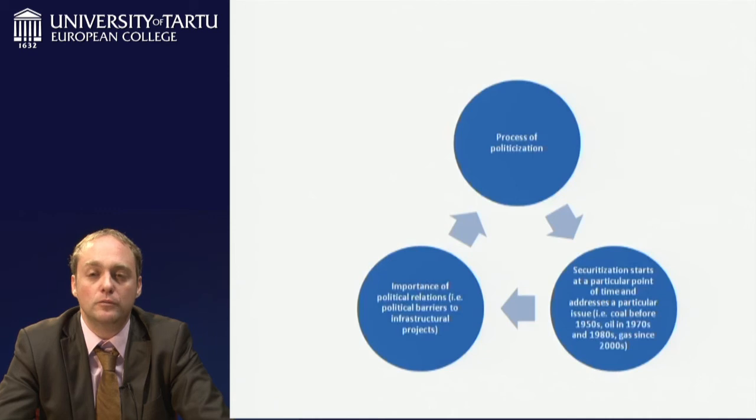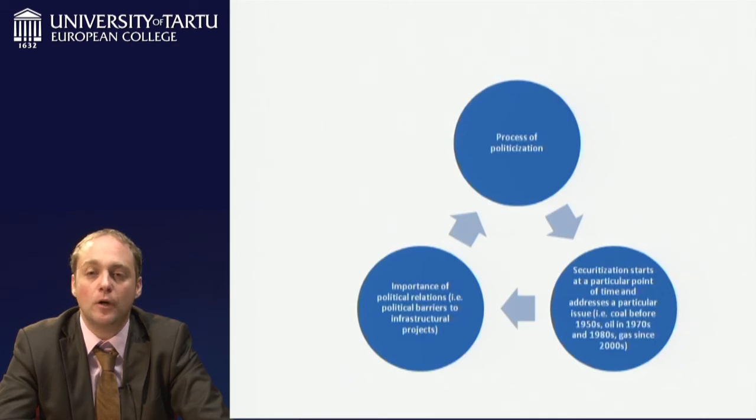A third view considers the process of politicization which occurs in energy policies. And this process of politicization is called securitization. And securitization starts at a particular point of time and addresses a very particular issue.